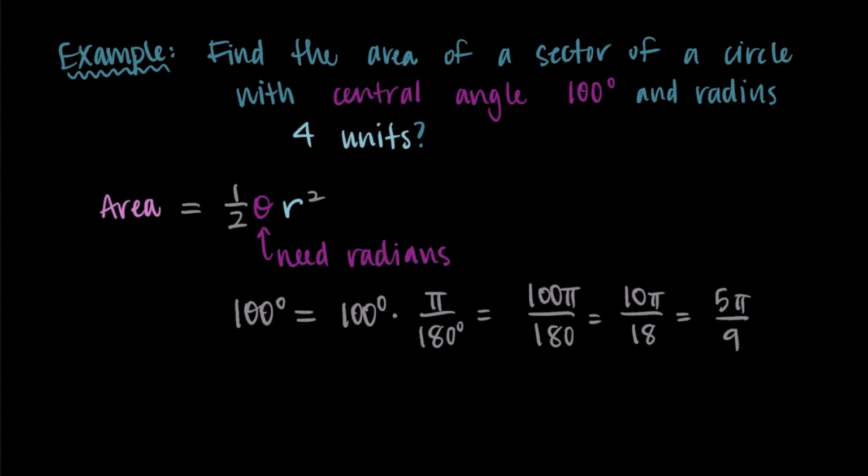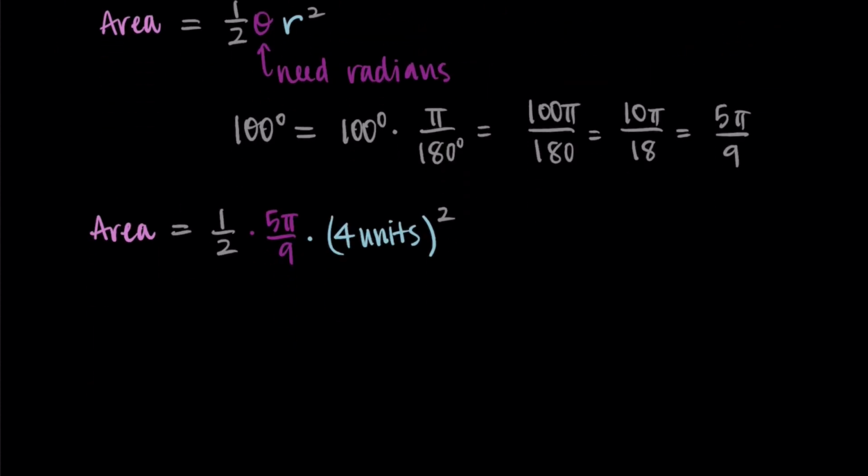Now I just need to put everything into my formula. So my area is going to be 1/2 times 5 pi over 9 times 4 units squared. You could just type this in on a calculator and get a decimal answer, but I like to do a little more work to get something exact so I can have a better, more complete answer.